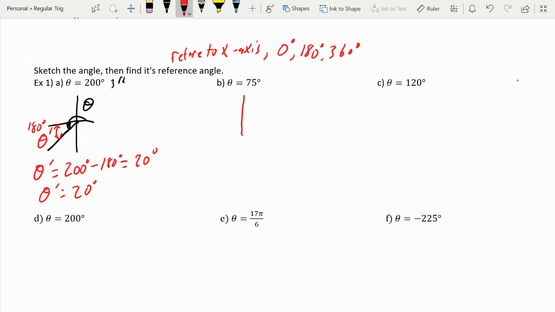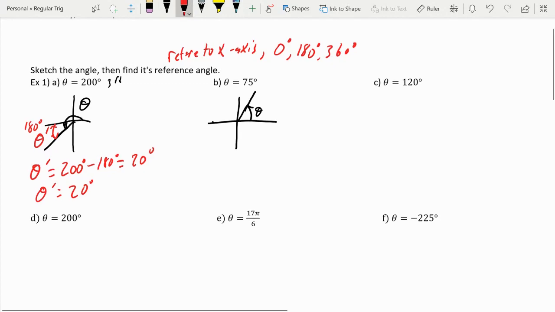Okay, so 75 degrees. 75 degrees is going to be first quadrant right there. There's theta. Well, theta prime is just that angle, referring back to the x-axis.